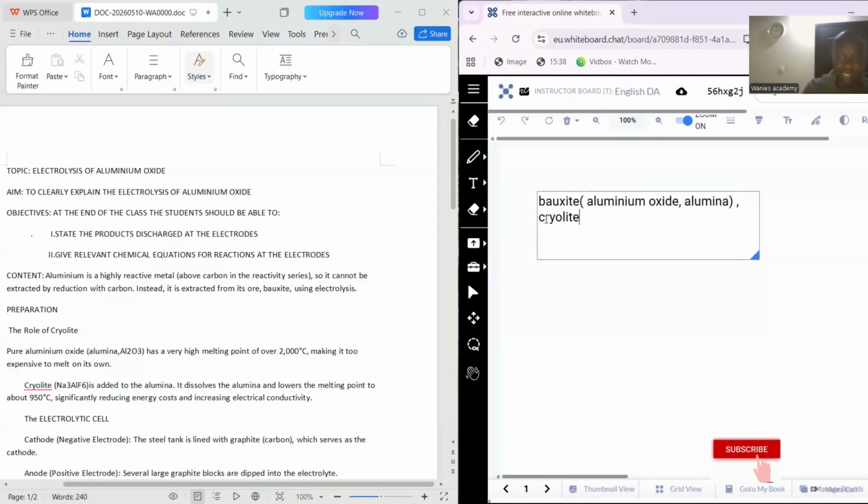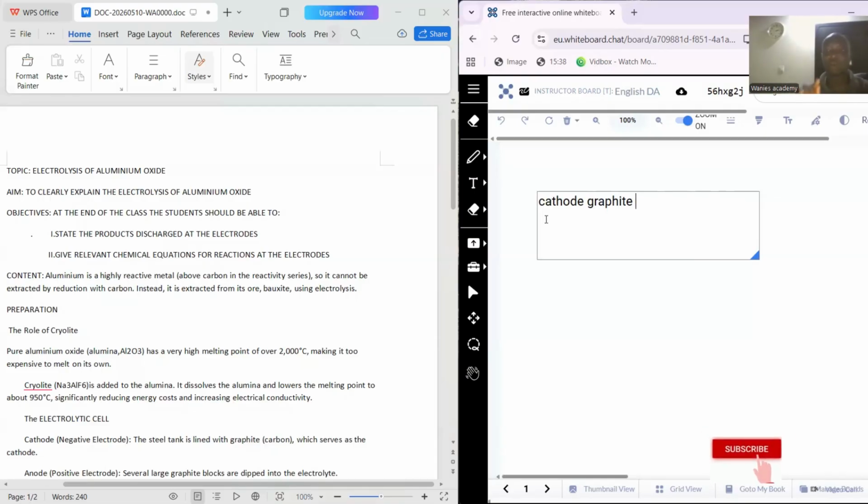The steel tank in the electrolytic cell that we use for the electrolysis of aluminium oxide is lined with graphite, which is an allotrope of carbon.